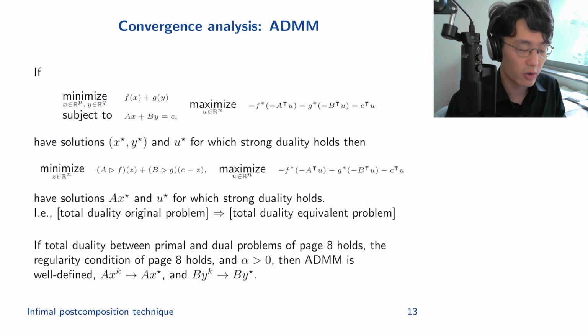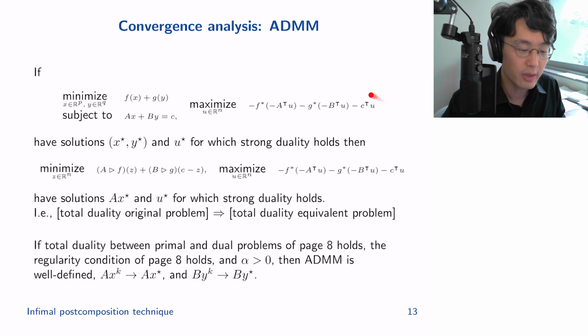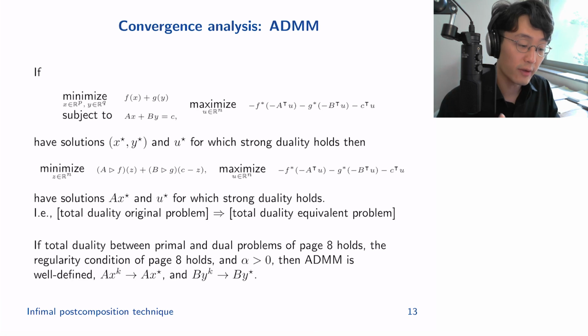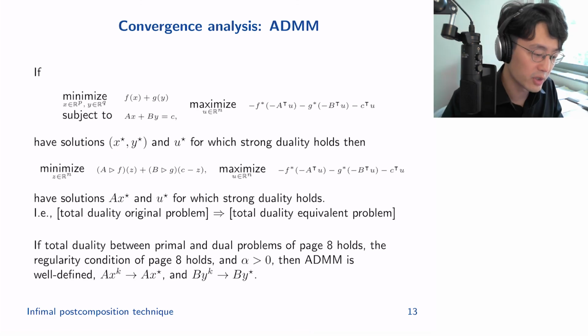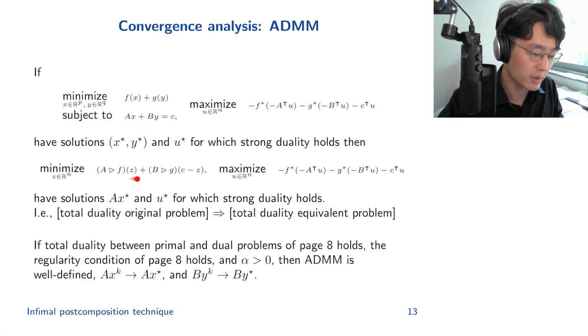Okay, now let's return to the original primal dual problem pair. So this is the original primal problem of ADMM, and this is the original dual problem of ADMM. Now, if the primal problem has solution x star, y star, and the dual problem has solution u star, and if strong duality holds between these primal dual problems, in other words, if total duality holds on the original Lagrangian L, then using a primal solution of this original primal problem, we are able to build a primal solution to this equivalent primal problem.